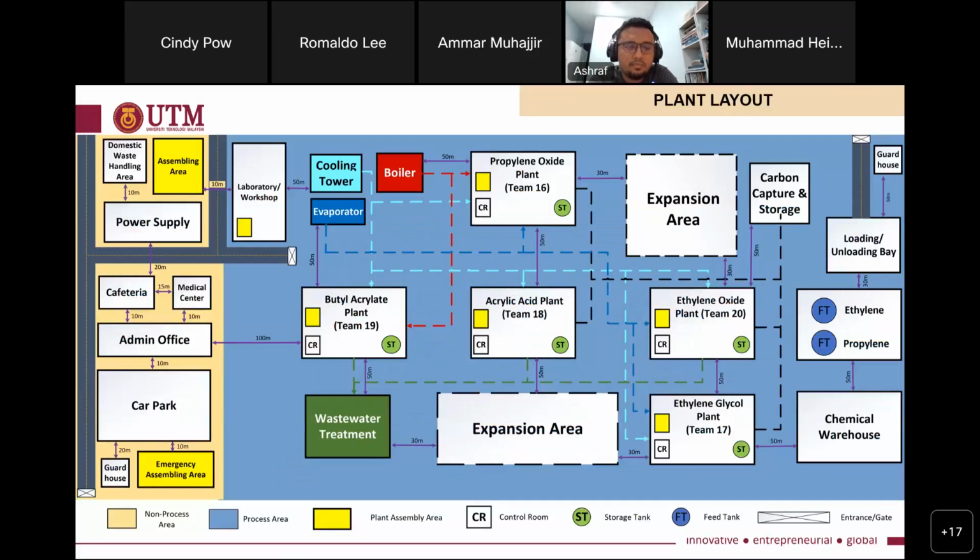Just a few comments. Normally for this big complex, you mentioned in your slide something about in case of fire.